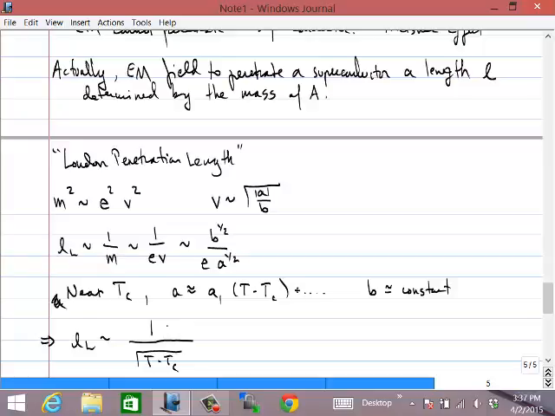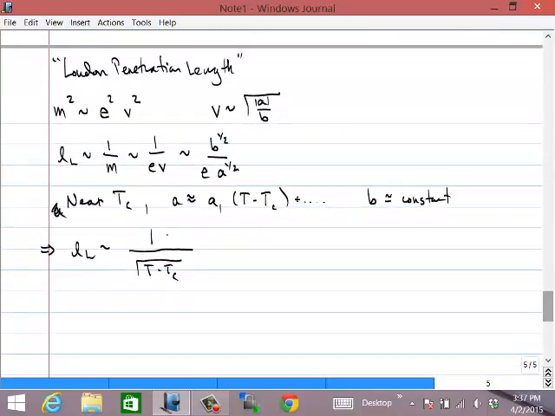This is telling you that when you're just below the superconducting phase transition, the penetration depth of an electromagnetic field into the superconductor goes like 1 over the square root of the difference between the temperature and its critical value. And as you heat up the superconductor, T will approach Tc, and the electromagnetic field will penetrate deeper and deeper inside the superconductor. So, just as a historical note, this theory was known before Higgs.